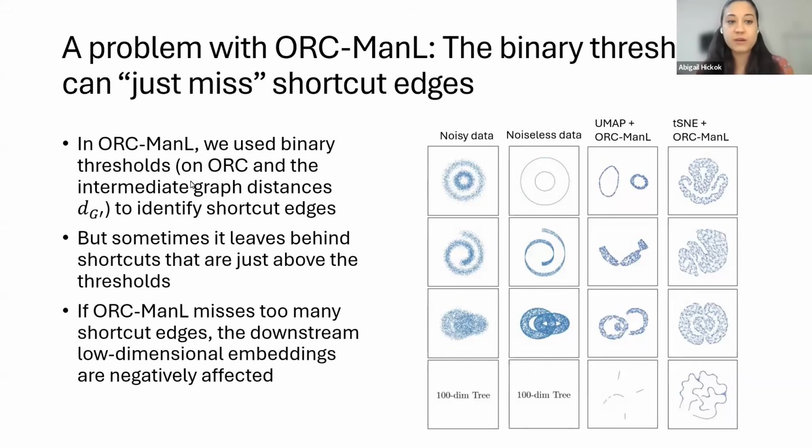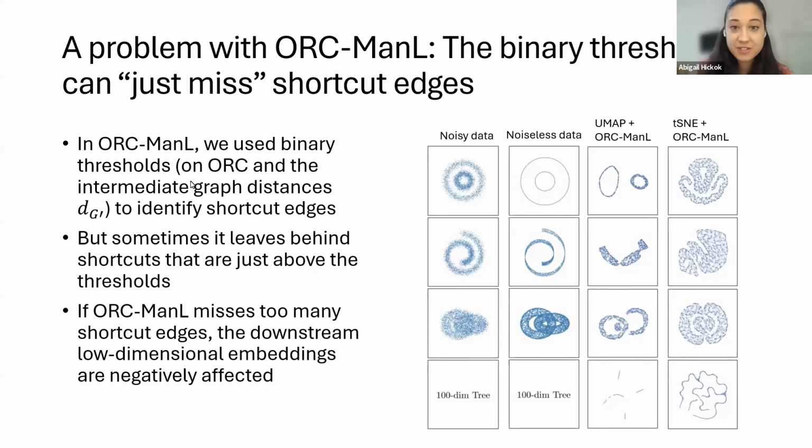For example, if we're doing nonlinear dimension reduction for visualization, I have some examples on the right here. The left two columns are the data; these are just toy examples. The right examples are what happens when we use ORC-ManL for pruning as a pre-processing step, and then feed that to two popular nonlinear dimension reduction algorithms, UMAP and t-SNE.